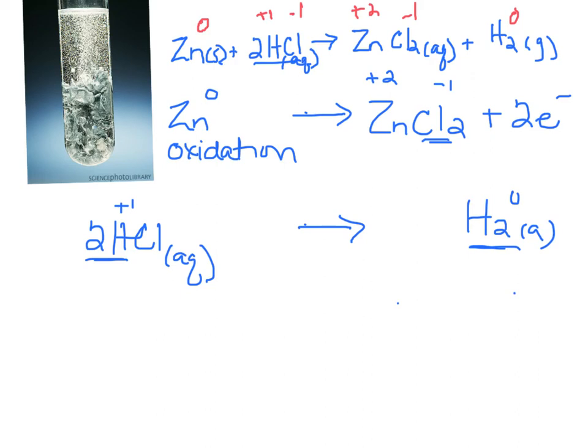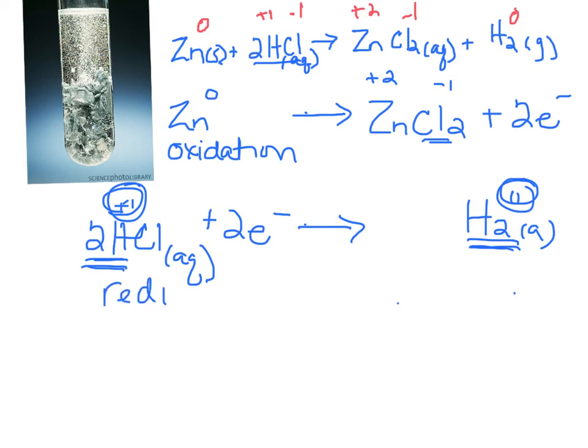So each hydrogen went from +1 to 0, and so became more negative. And since electrons have a negative charge attached to them, we can assume then that the hydrogen gained those electrons. I have 2 hydrogens on both sides, and so that's going to be a net of 2 electrons that were gained by the hydrogen. And since hydrogen gained electrons, we know that gain of electrons is reduction. So our hydrogen underwent reduction in this process.